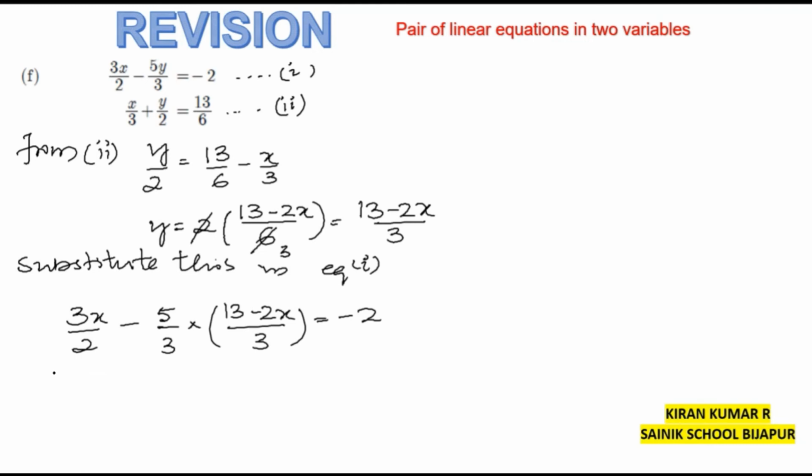This becomes 3x by 2 minus, I can write this as 5 by 9 times of 13 minus 2x, which is equal to minus 2.